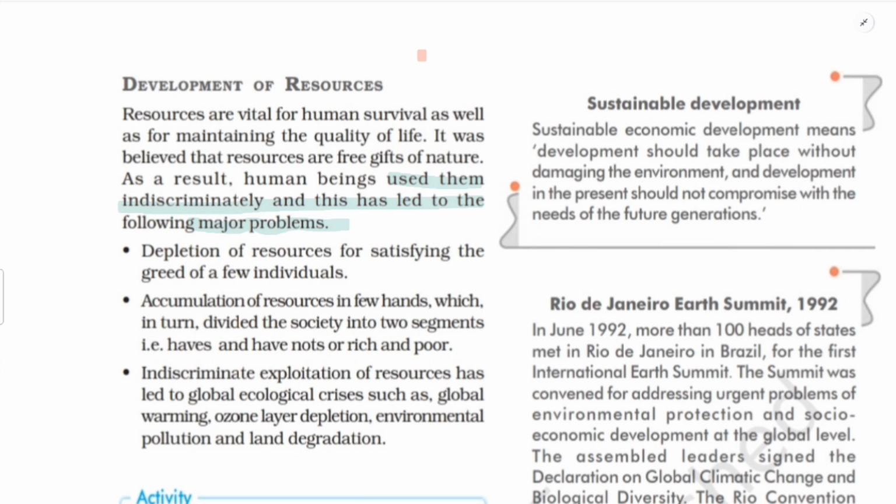Did I discuss this with you? Obviously yes. Because resources are not a free gift of nature. Resources are a free gift of nature only when you use them wisely, when you use them very carefully.